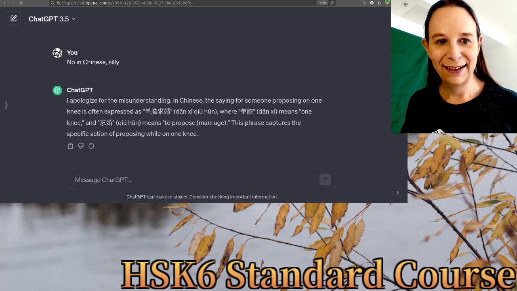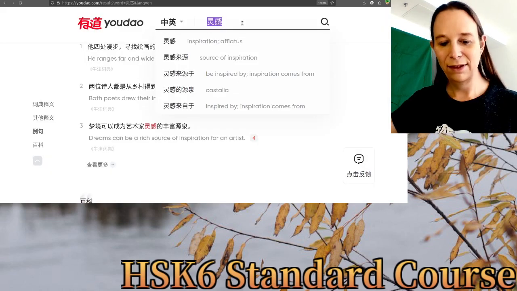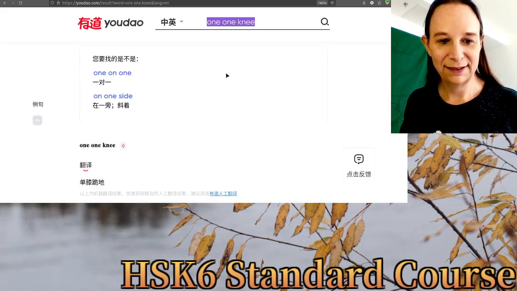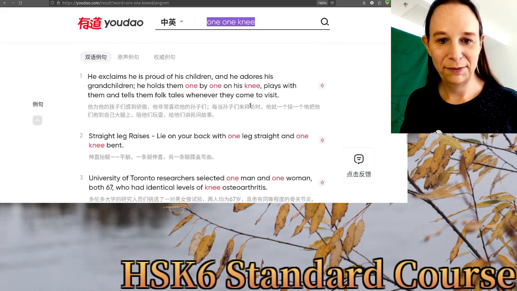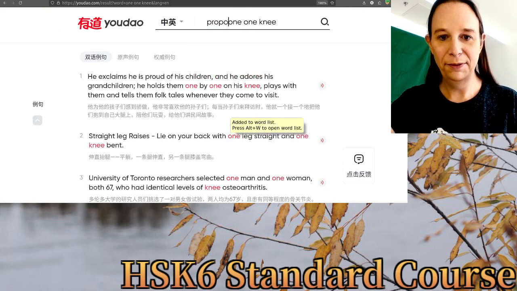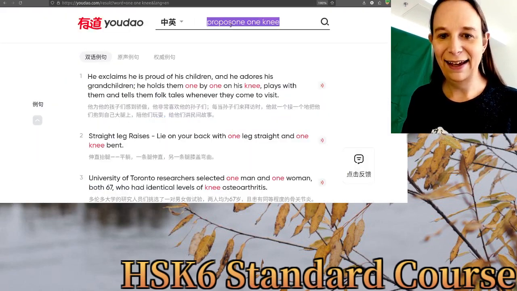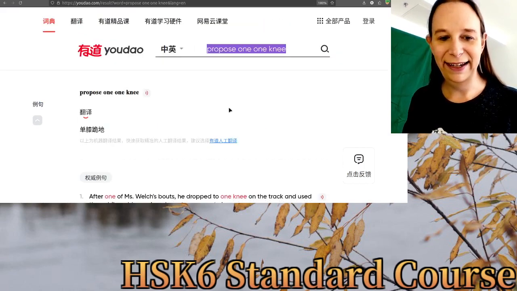No. Okay, the pop-up dictionary likes 单膝跪地.